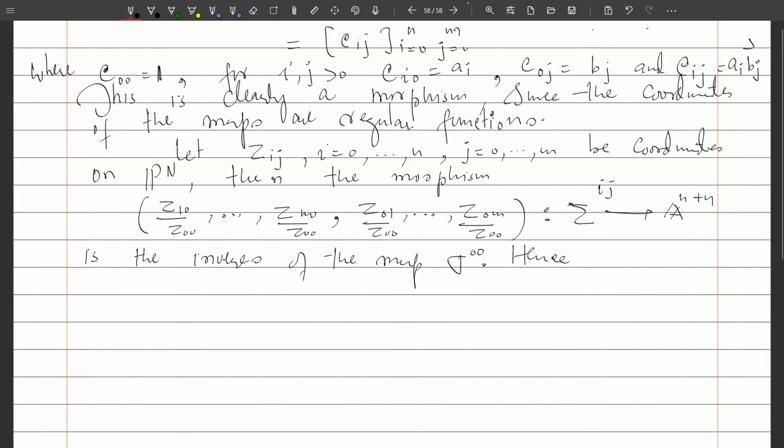Hence the map sigma 00 is an isomorphism. So that means for any ij, sigma ij is always an isomorphism. So this proves the claim.